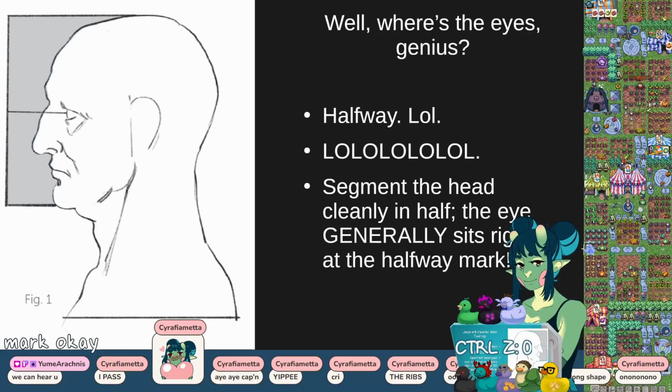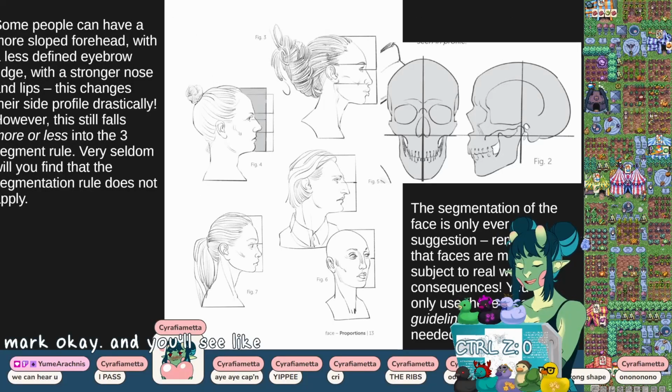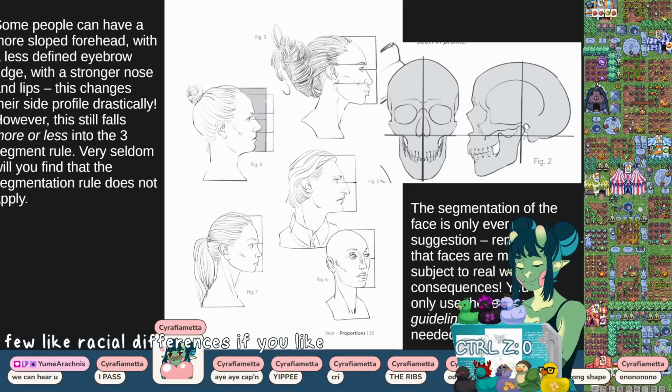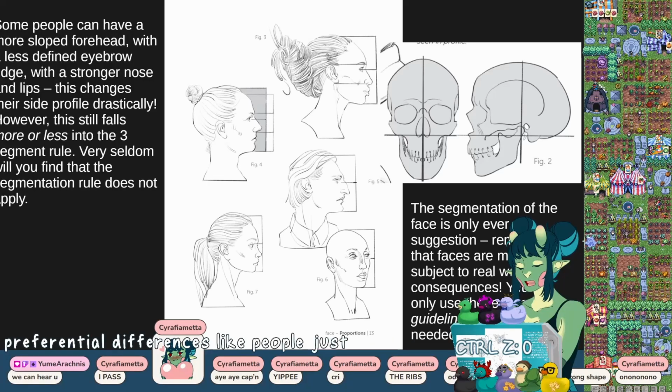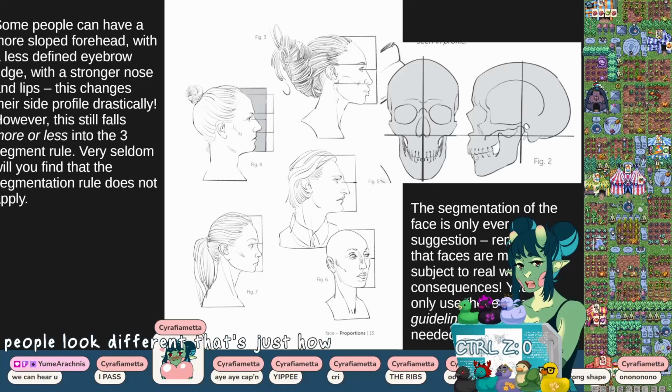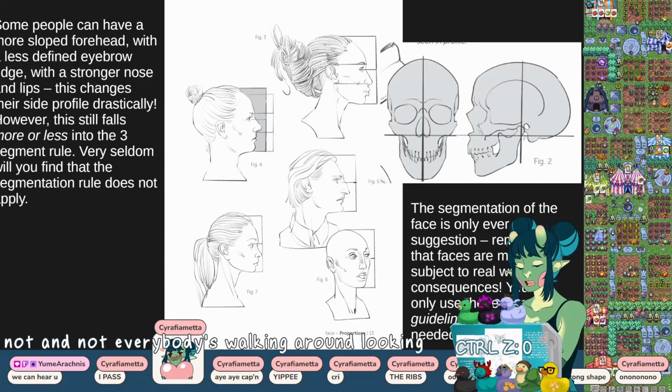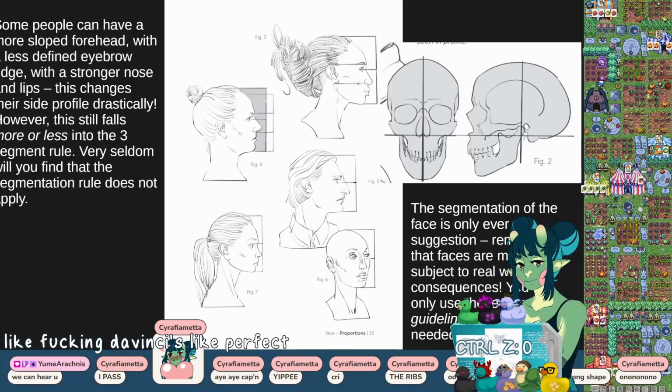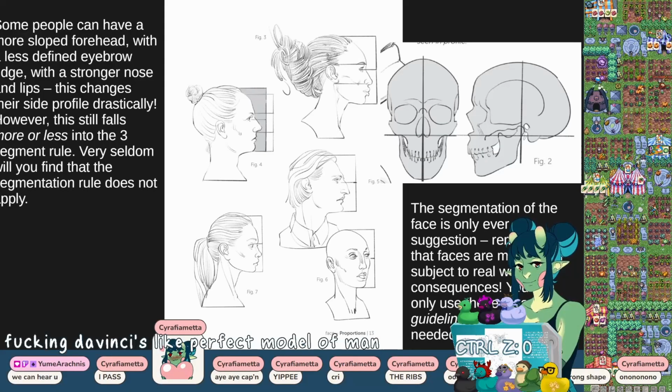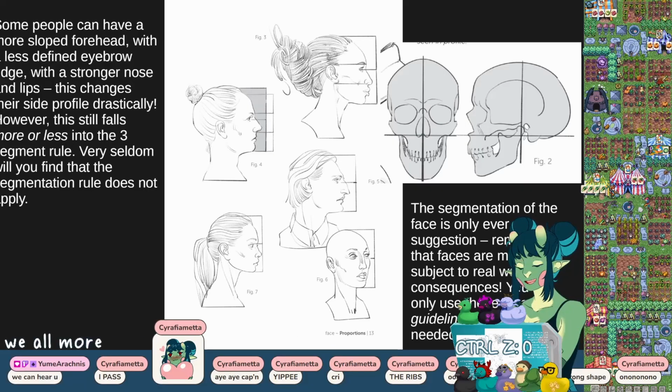Okay. And you'll see there's a few racial differences, a few preferential differences. People just look different. That's just how it is. Not everybody's walking around looking like Da Vinci's perfect model of man. But we all more or less fall into the 3 segment rule.